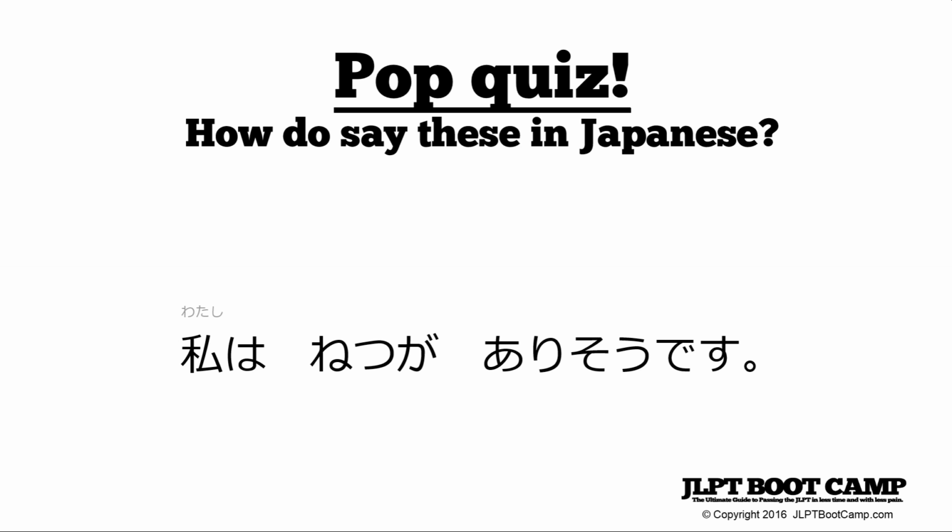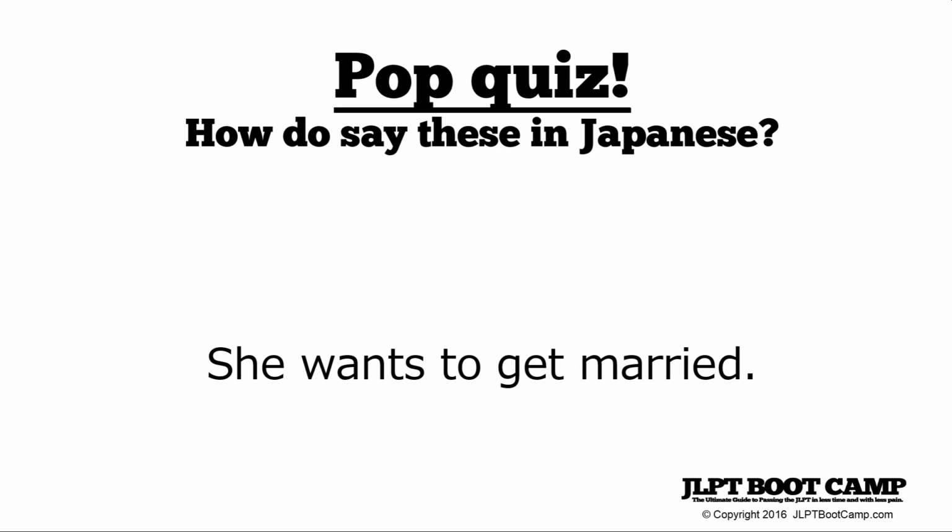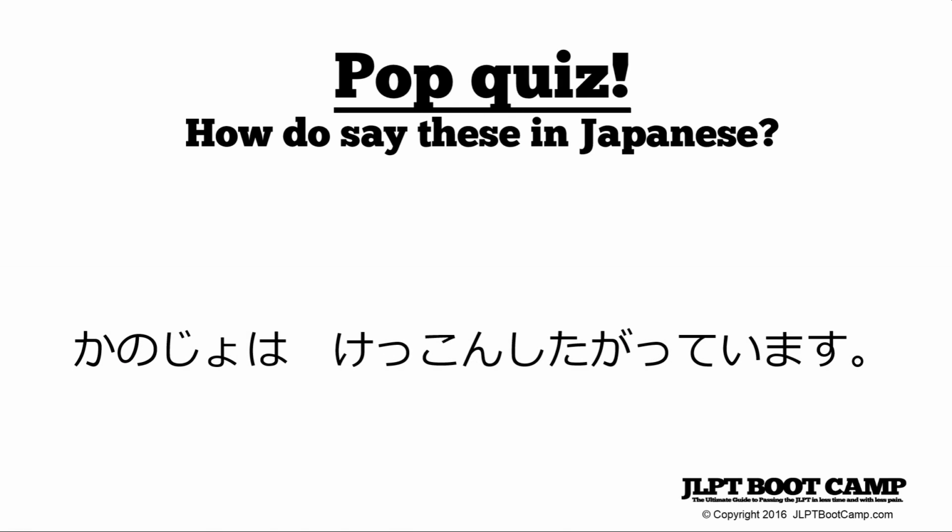And then last one, she wants to get married. This is talking about a third person here. Not me, but she. In Japanese, that would be kanojo wa kekkon shitagatteimasu.